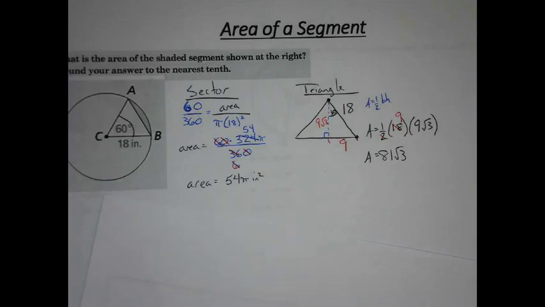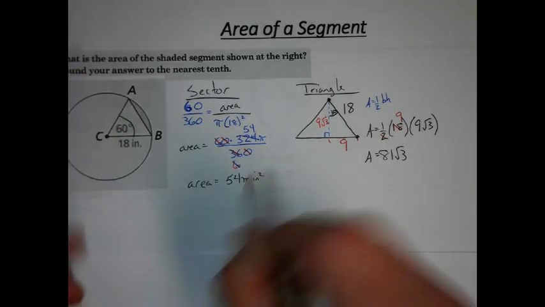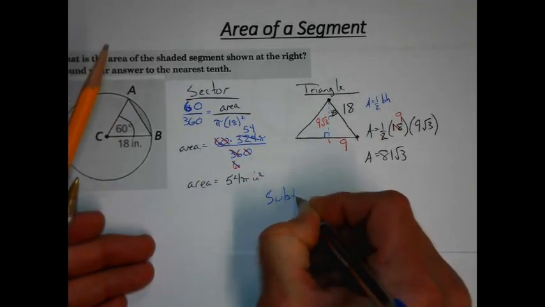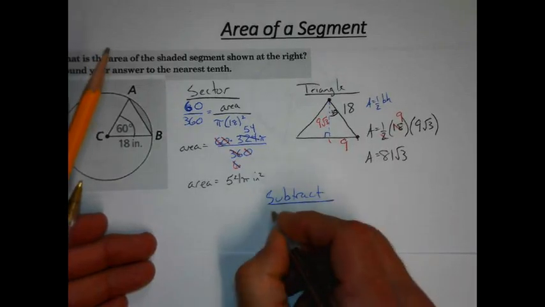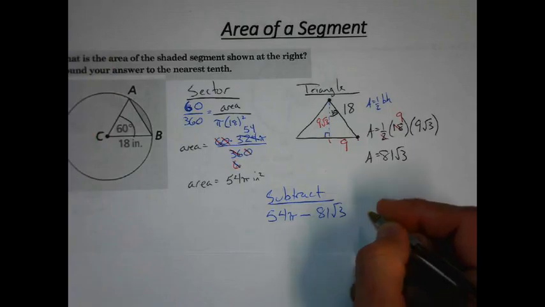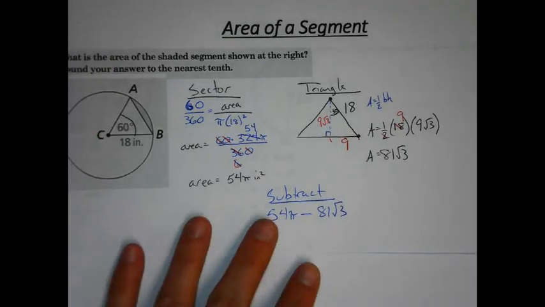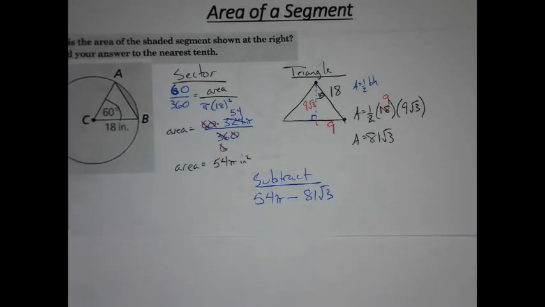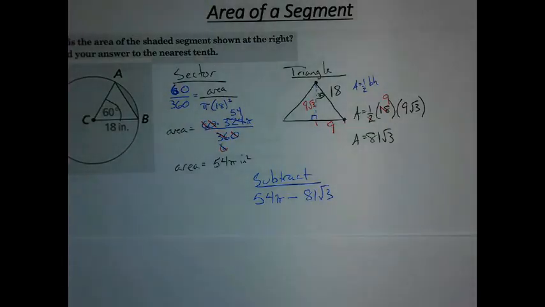Let's do that. So we would simply subtract. All we have to do now is subtract. So we have 54 pi minus 81 square roots of 3. And so the rest is calculator work, shall we? So we push that into our calculator.